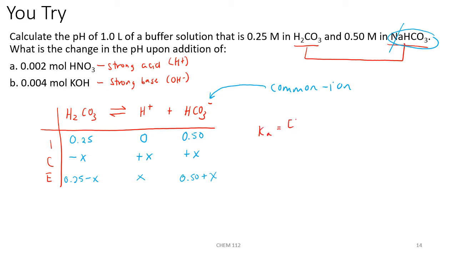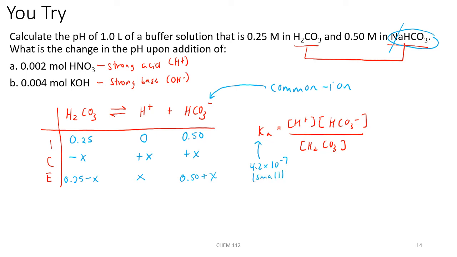We can write our equilibrium expression. We're going to have Ka equals H plus times HCO3 minus all over H2CO3. And we can look up the Ka for our weak acid, H2CO3. The Ka for carbonic acid is 4.2 times 10 to the negative 7th. So once again, it's very small.